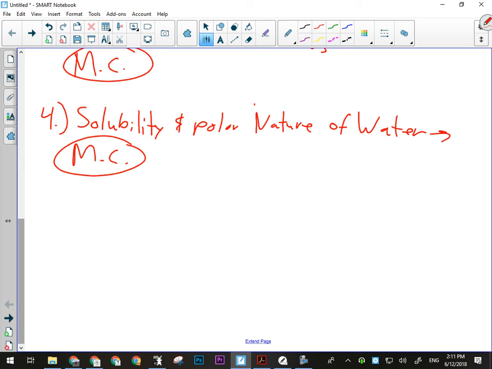Those multiple choice questions could include using your solubility chart. After all, I did put it on the formula sheet. So maybe I give you a question that says, here's a chemical reaction, reactants, products, which, if any, of the products are soluble, and then you would have to look up the products on your solubility chart and see if any of them are soluble, and that would be that.